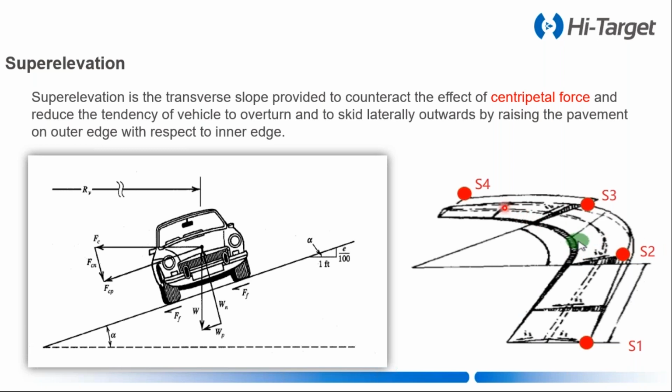You can see the right picture. There is S1, S2, S3. You can see S1 is the standard cross section. At S2, you can see the outer edge is the highest. Then there are gradients here. So this is a super elevation.